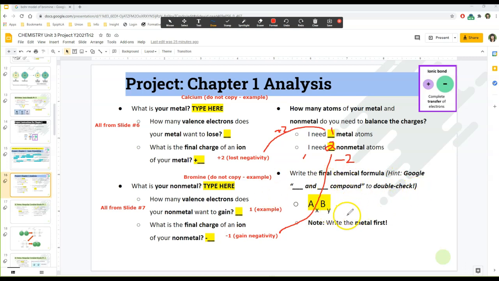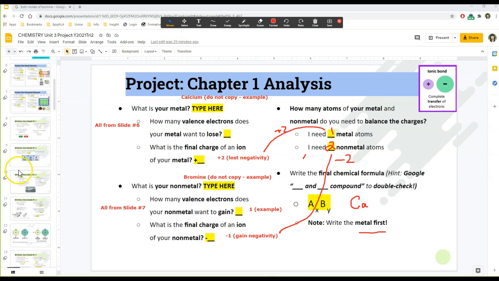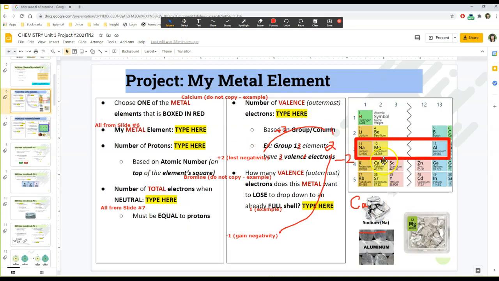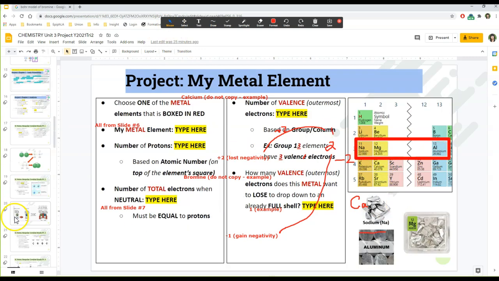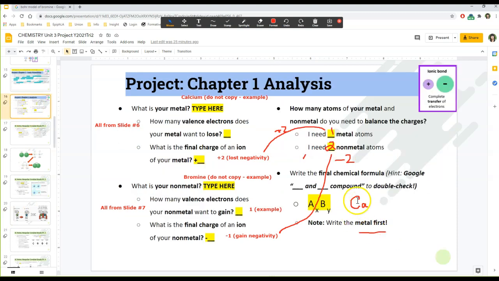In the final chemical formula, I'm going to start off by writing the metal first, which is the calcium. The abbreviation for calcium is Ca, so write your abbreviation. That comes from the periodic table. First letter capitalized, second letter lowercase. And the metal, I only need 1 atom of it, so I don't need a subscript.